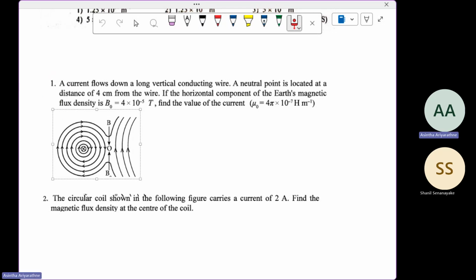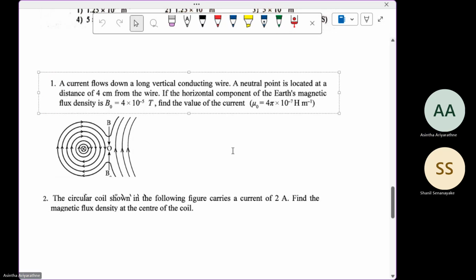A neutral point is located at a distance of 4 cm from the wire. If the horizontal component of the Earth's magnetic flux density is 4 × 10^-5 Tesla, find the value of current. Take mu naught as 4 pi × 10^-7. Try this one.